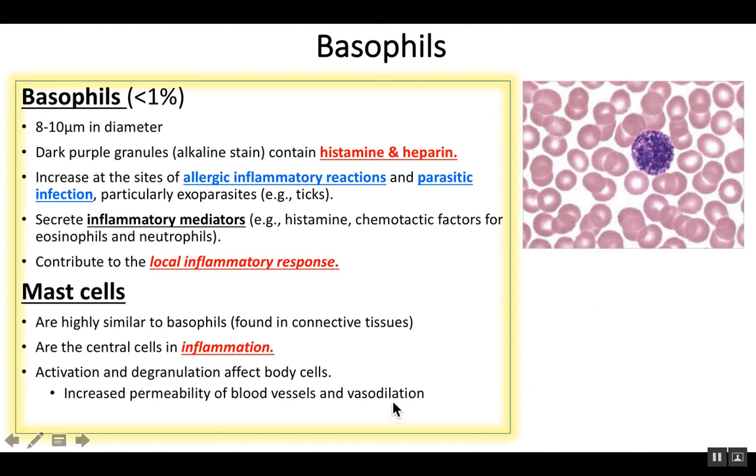They also cause vasodilation to local blood vessels. That allows more blood to go to a site. So for example, when you have inflammation in the skin, it's usually red and hot. That's because there's more blood flow to that area. All major functions of histamine from basophils and mast cells.